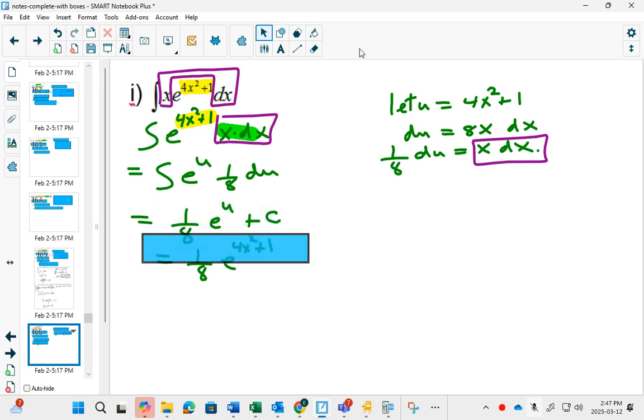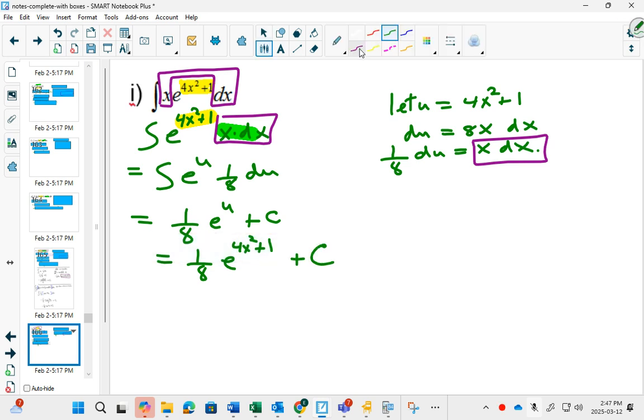Integral of e to the u is e to the u. So as long as the main part of the derivative is there, coefficients you can work with.